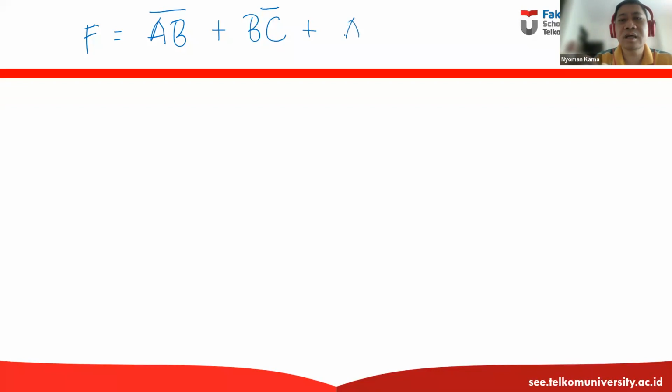Now let's take another example. How about a little bit more complicated function? Let's say F is A B naught plus B C naught, and then plus, let's say, A naught B. Still, after we identify how many inputs, we have 3.